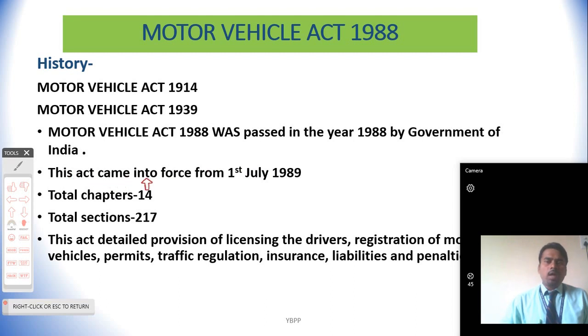This act came into force from 1st July 1989, and after this in 2019 Motor Vehicle Act Amendment Bill was passed by the government of India in 2019. Okay, now we are following the 2019 Act, that is Motor Vehicle Act 2019.